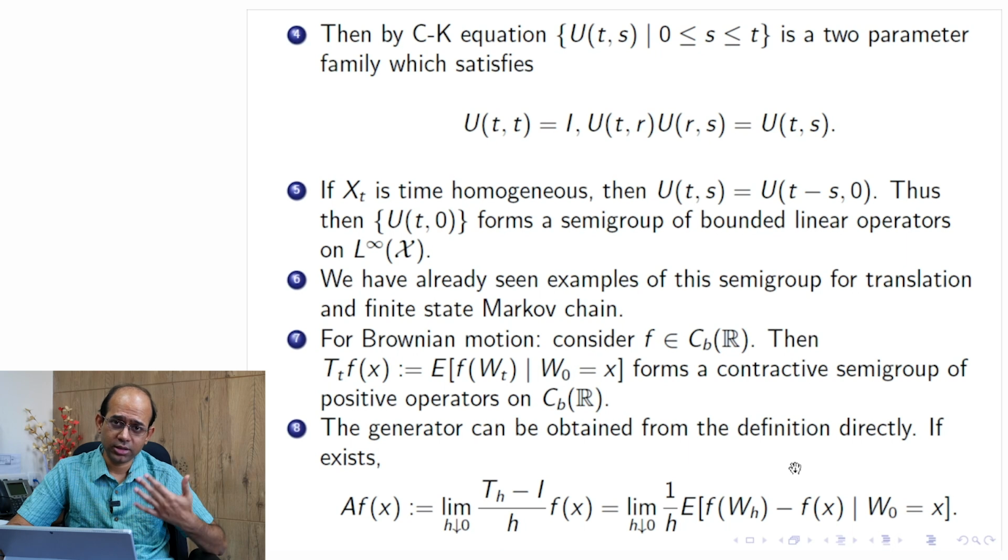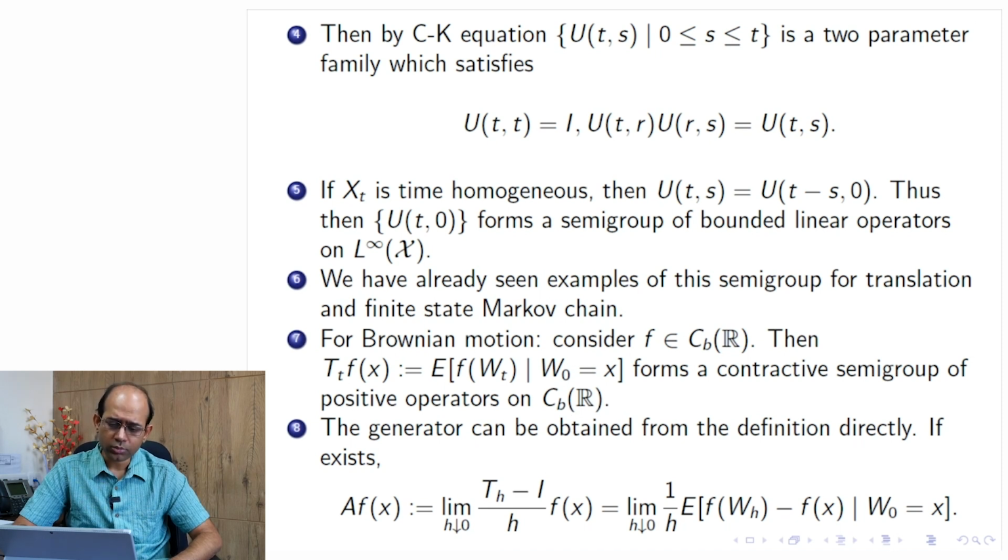We have seen in the stochastic calculus part that when f is smooth enough, we can apply Ito's formula. Ito's formula is the perfect thing to find out the increment of a function of a stochastic process. Here f, of course, in general need not have sufficient smoothness, because f is only a bounded continuous function.